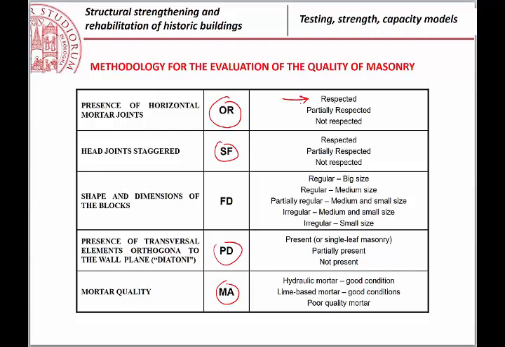The joints are really horizontal, so is this definition respected, yes or no? It can be respected, not respected, or partially respected. Of course, there can also be intermediate cases. So for each, but then I will show you some pictures, which is much easier. For each of the 5 categories, you must give a judgment of how is the quality of that masonry.